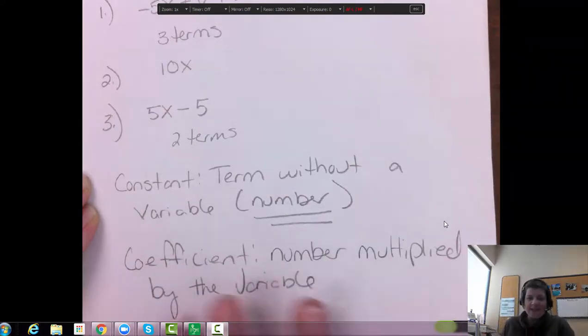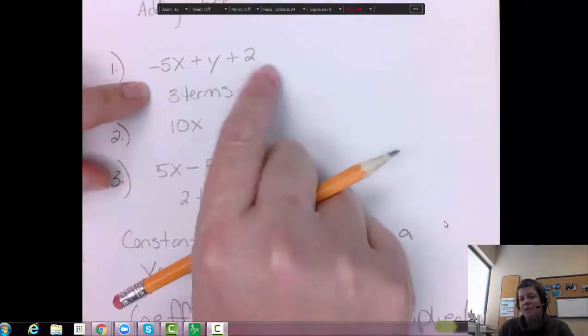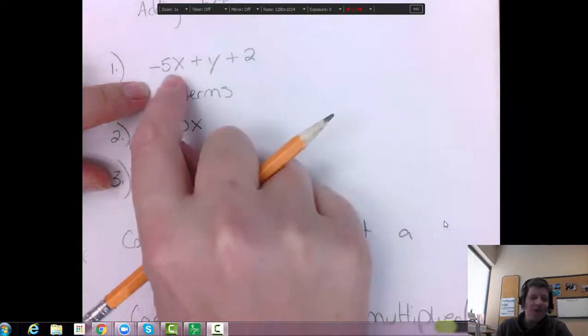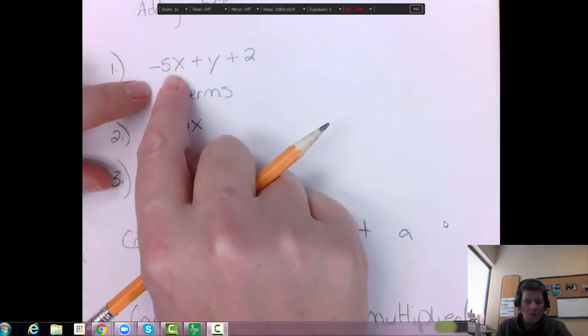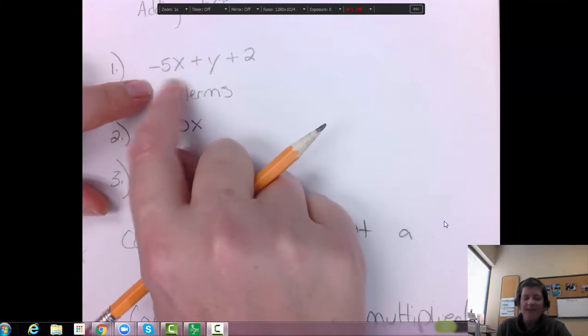So let's look at some coefficients. I'm going to go back up to my examples. We know this has 3 terms. What is the coefficient of my first term? What is the number in front of the x? It's a -5. That's our coefficient in the first term.